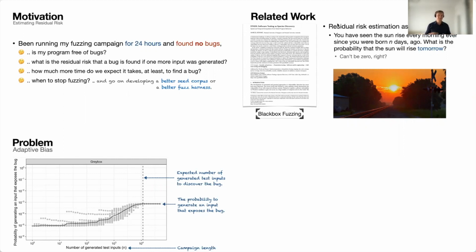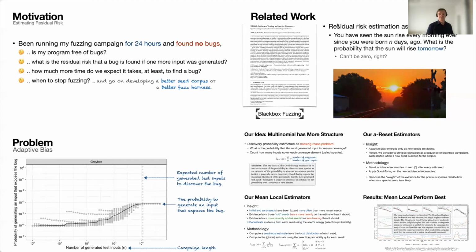A greybox fuzzer gets better at discovering bugs. I've talked about an opportunity to provide more structure to our method by using the multinomial instead of the binomial distribution and taking corresponding estimators. I've given two classes of estimators called reset and mean local estimators to tackle adaptive bias. And we found that the mean local estimator performed best.